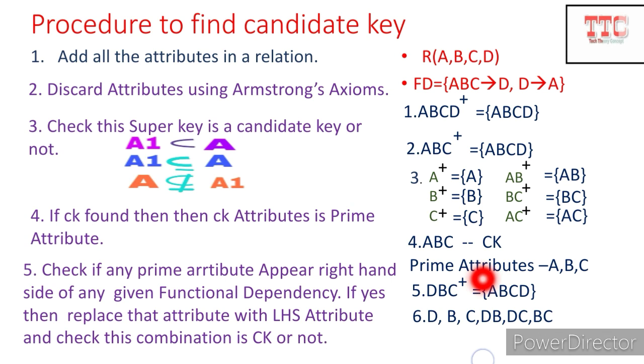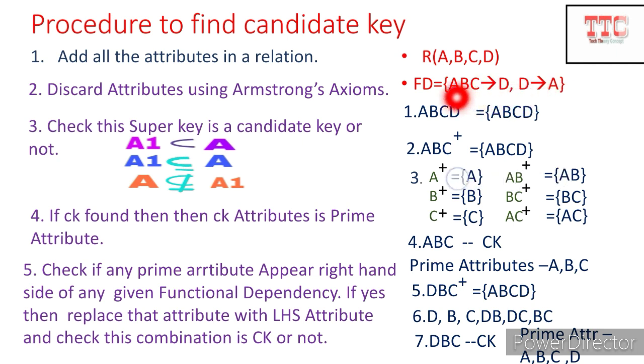Now pause the video and try to find out the closure of these proper subsets. If you find the closure of these proper subsets, you can say that there is no super key among them. So we can say that DBC is our candidate key. Now we will have one more prime attribute, that is D. Now we will check whether D is present on the right hand side of a given functional dependency.